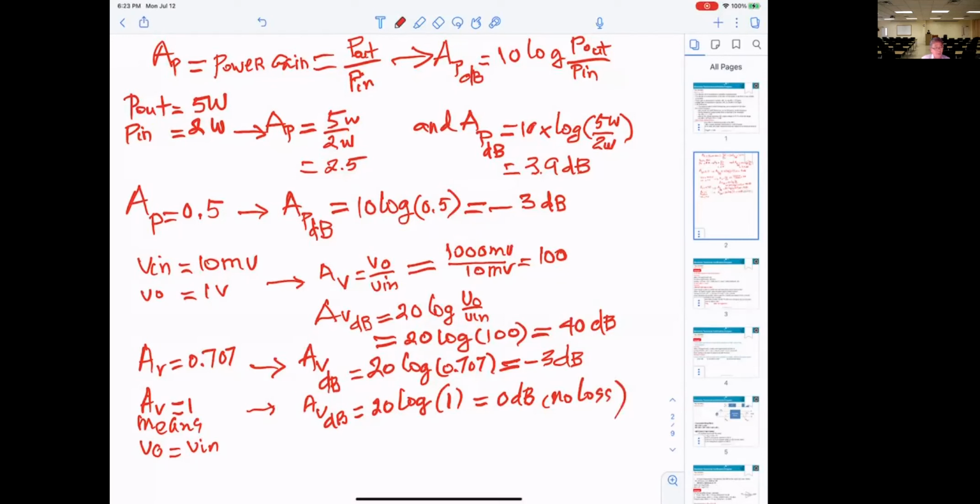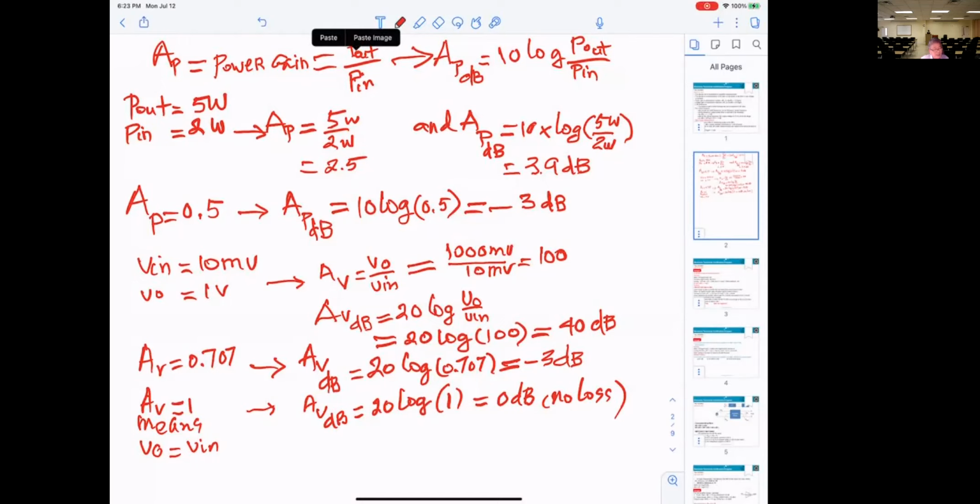Okay? Now, you apply 10 volt, you get 10 volt. That means you did not lose anything. However, if you apply 10 volt and get output only 7 volt, you get loss.